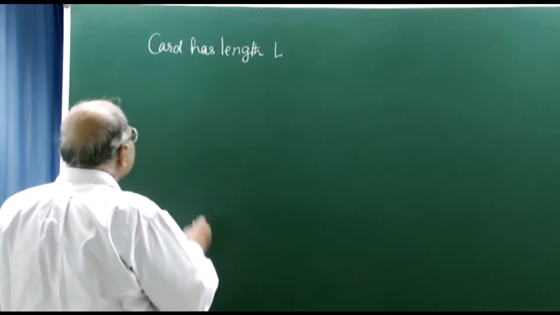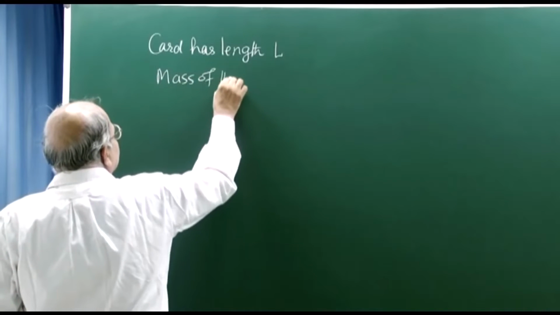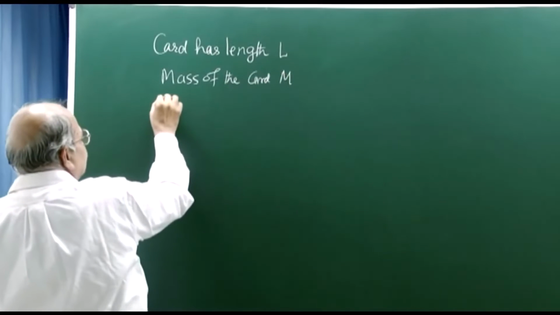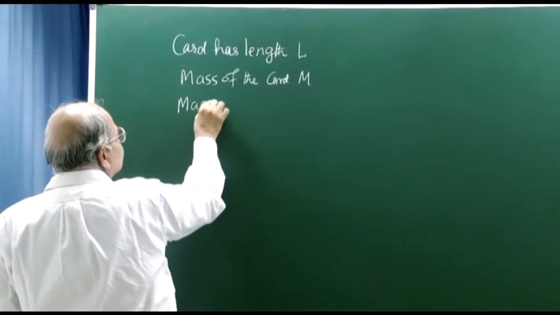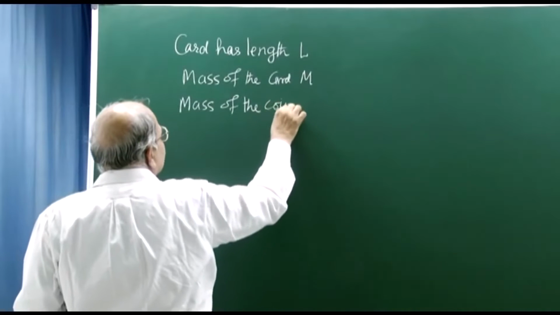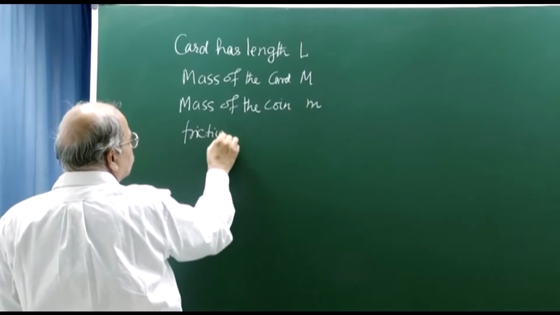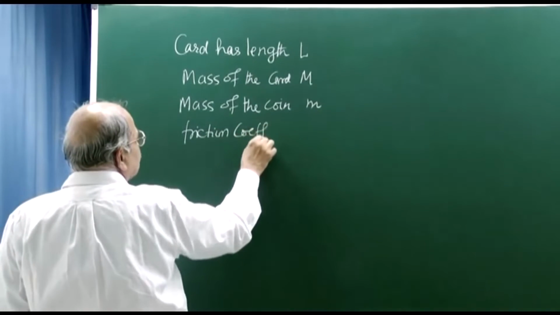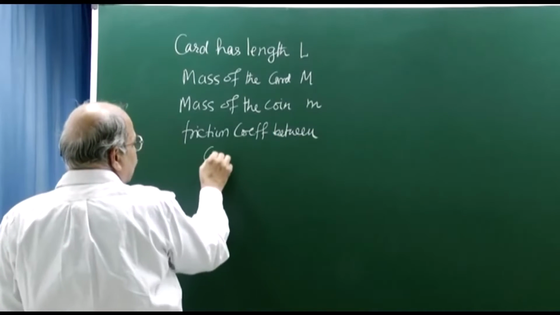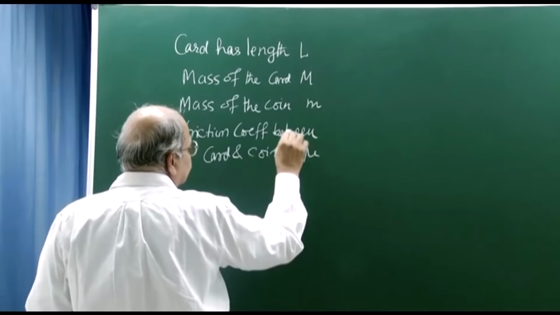Take the mass of the card to be, say, M, and the mass of the coin, let us call it small m, and the friction coefficient between card and coin, let us call it mu.